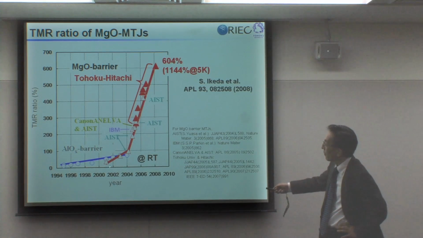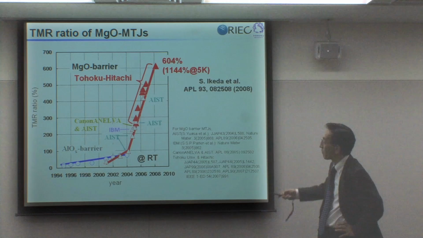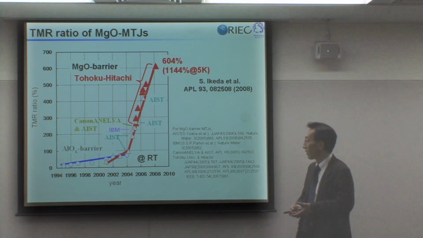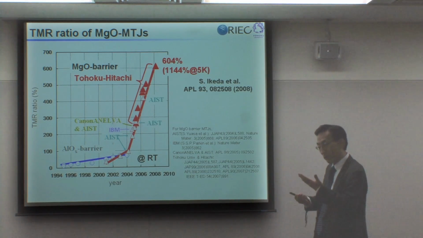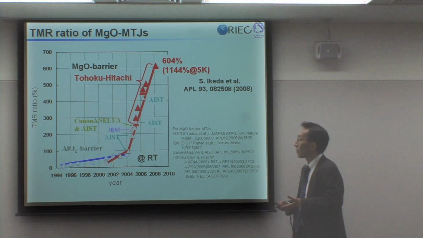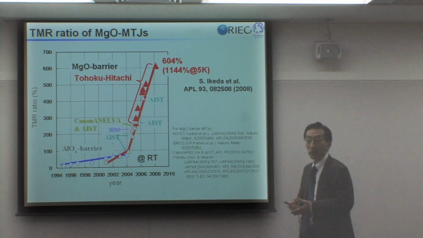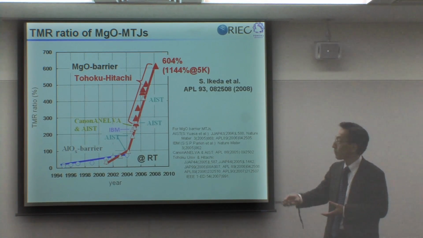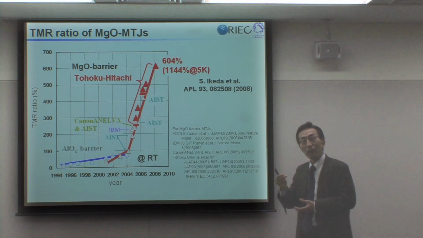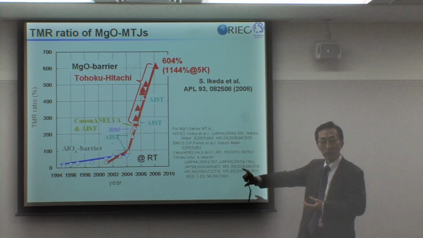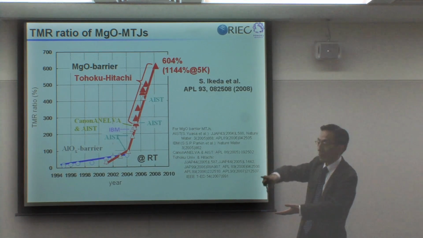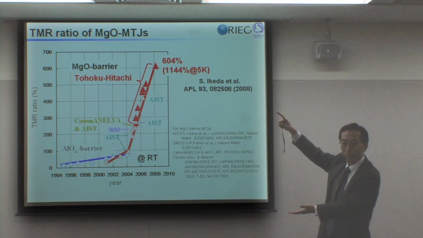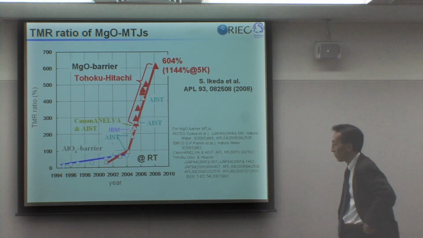And now, two groups at AIST and IBM showed that you can have a very, very high tunnel magnetoresistance. We have also shown that even with single barrier MgO tunnel junctions, we can have a rather large TMR ratio. 600% means that if your base resistance is 1 kilo ohm, your resistance change is 6 kilo ohm. So you can change 1 kilo ohm to 7 kilo ohm. So that's what 600% means.